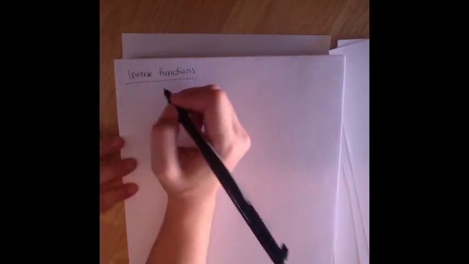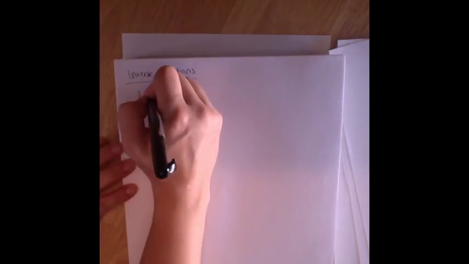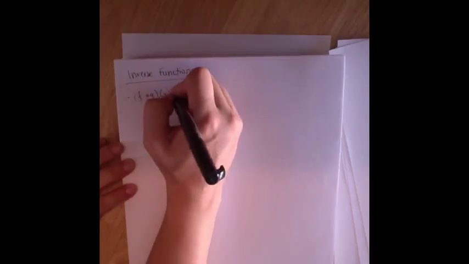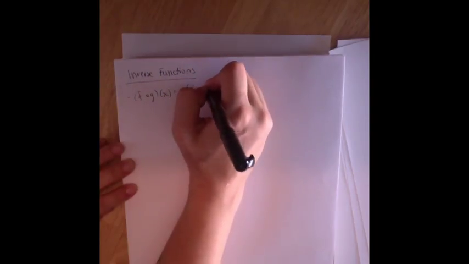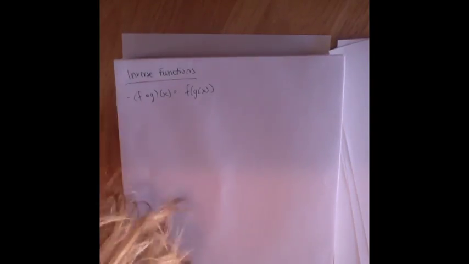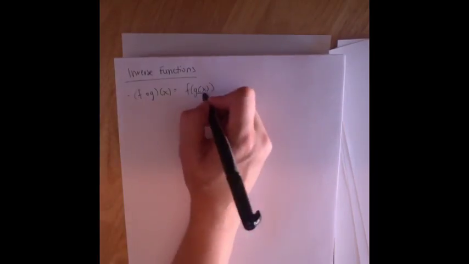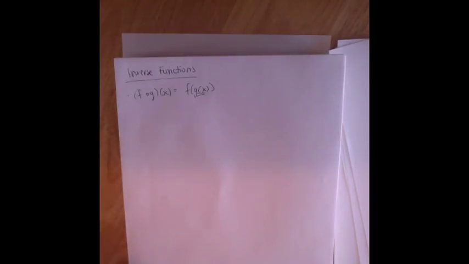Inverse functions start with, remember, if we have f of g of x, we rewrite it as f of g of x, meaning the argument for f is g of x. That's what I'm plugging into f.